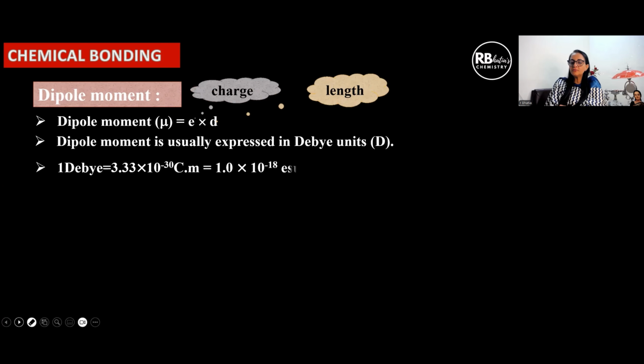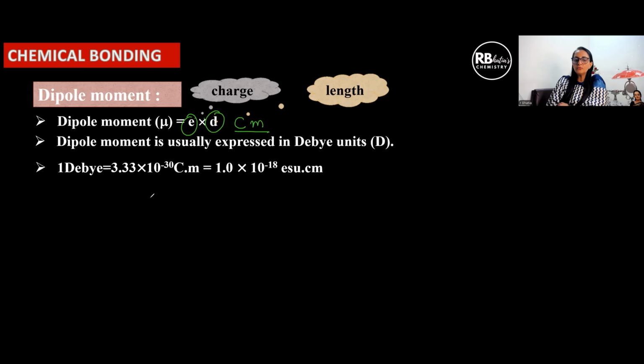Dipole moment is usually expressed in debye units, capital D, where one debye is these many coulomb meters. So basically the unit is charge into distance. The charge unit is coulomb, distance is meter.